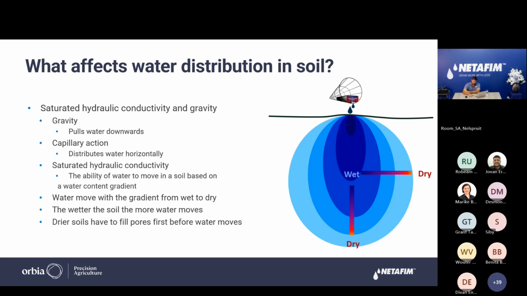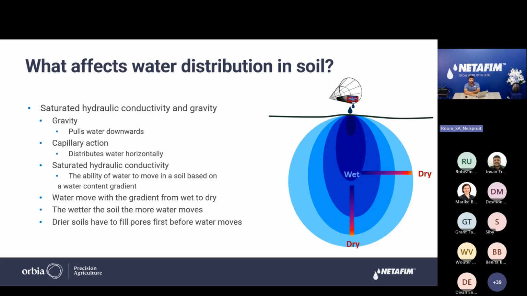We need to fill all the pores, and only then can the water move towards the next layers of the soil and distribute either down or horizontally. So water moves from wet to dry, and the wetter the soil, the faster the water moves, because if you have dry soil, you first have to fill the pores close to the center, and once they are filled, they start moving outwards.